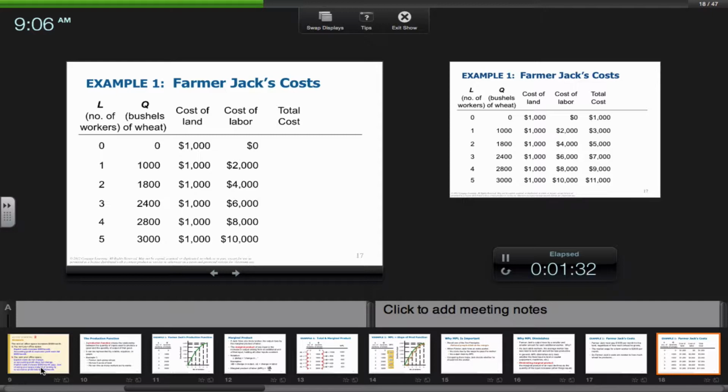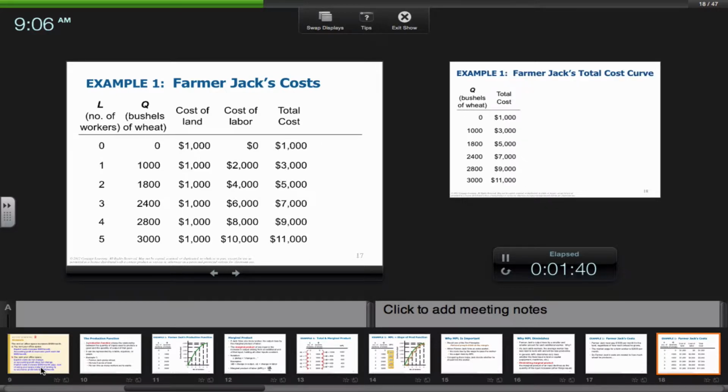His labor cost increases as his L increases, correct? Okay. So his total cost will increase. His total cost is related to his wheat production. Can we agree on that? Yes. Okay.